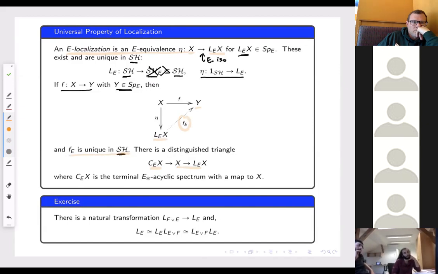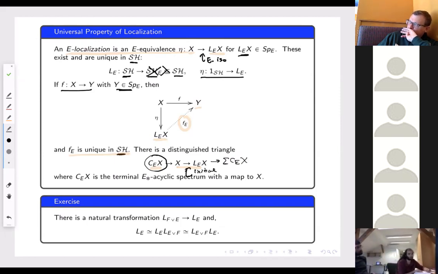This term in the distinguished triangle is actually E star acyclic, so its E homology is going to be 0. It's the terminal E acyclic spectrum with a map to X. So this is the initial E local thing, and this is the terminal E acyclic thing.